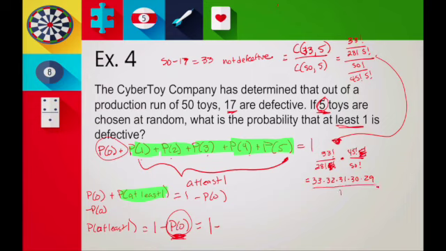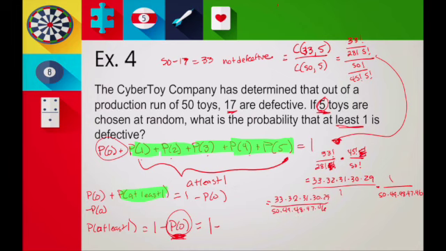And 45 factorial over 50 factorial. The 45 on down cancels out. And so you get 50 times 49 times 48, 47 times 46 in the denominator. So you're going to get 33 times 32 times 31 times 30 times 29 over 50 times 49 times 48 times 47 times 46.